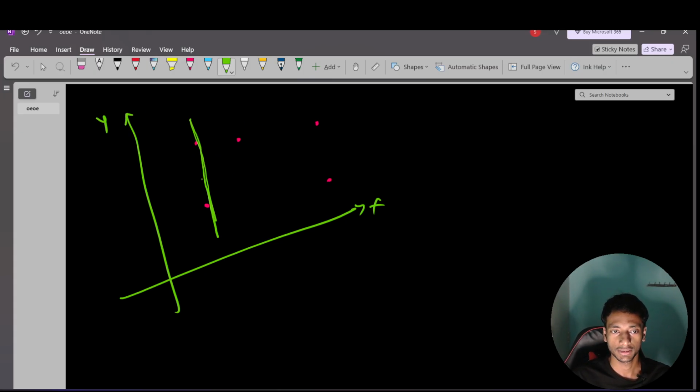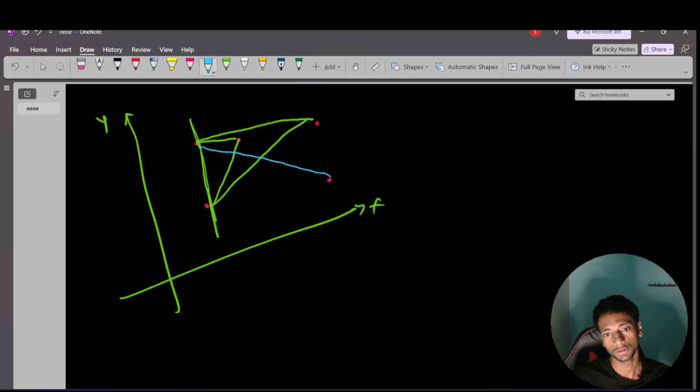Our triangle will look like this, this is our base. If I connect these 2 points, one triangle will look like this, another triangle will look like this, and another will be this. So three triangles are possible using this base.